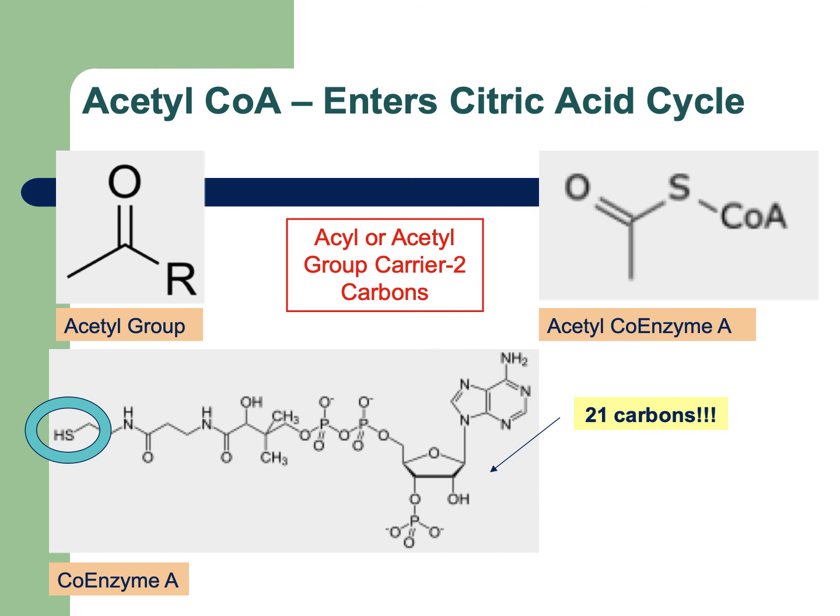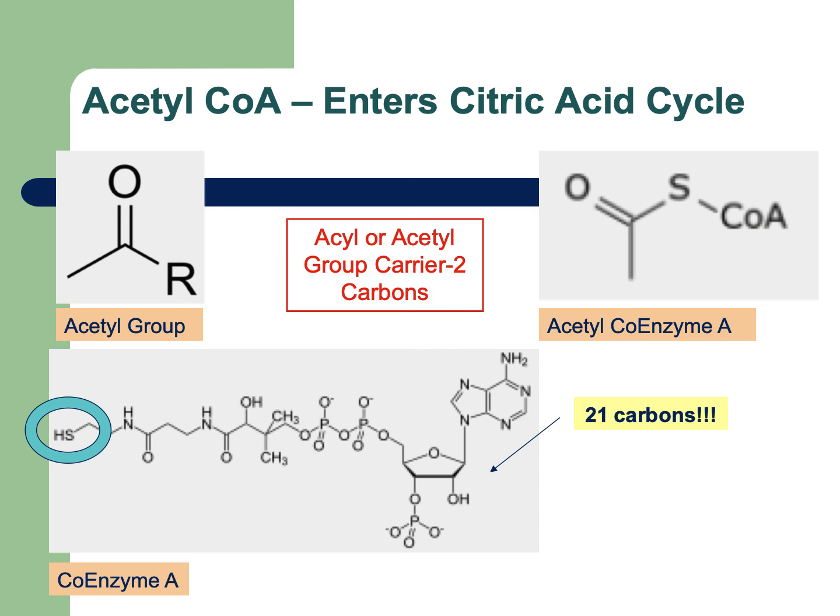When the two get put together, the acetyl group and the coenzyme A, you take the R group off the acetyl group, which then still carries 2 carbons, and you take the hydrogen off the SH group from the coenzyme A. So the question is, how many carbons will acetyl-CoA have?